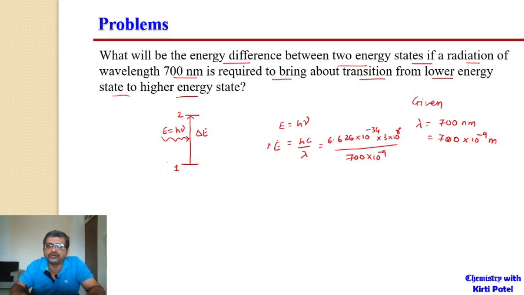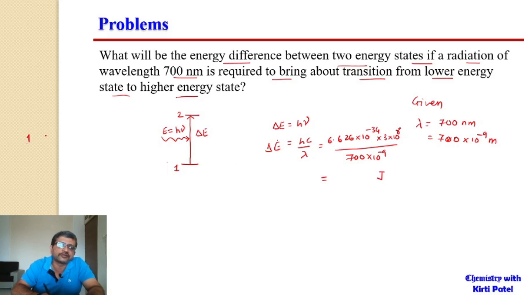So delta E will be equal to h nu, equal to hc upon lambda. Whatever answer you get, you have to submit along with units, that is joules. Submit the answers of both problems as an assignment.